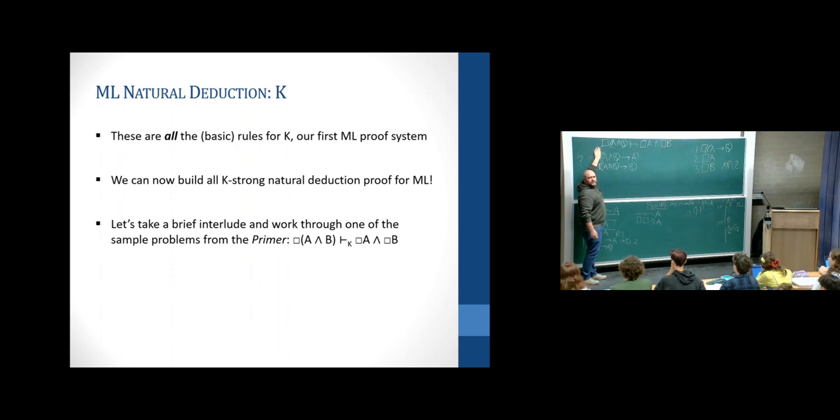What do we think? Yeah, they are. Because if the conjunction's true, then both conjuncts have to be true. So if the conjunction's true, then this conjunct's true. Cool. So we can build a proof for that. And the same thing the other way.